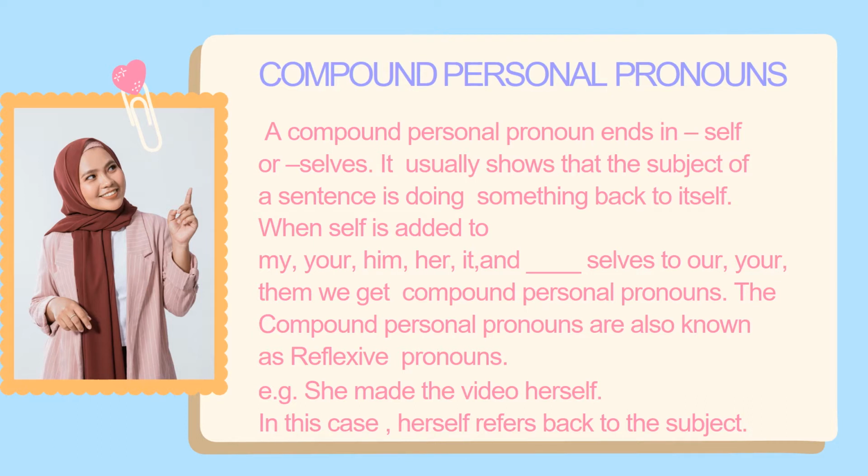When self is added to my, your, him, her, it, and selves to our, your, them, we get compound personal pronouns. The compound personal pronouns are also known as reflexive pronouns.